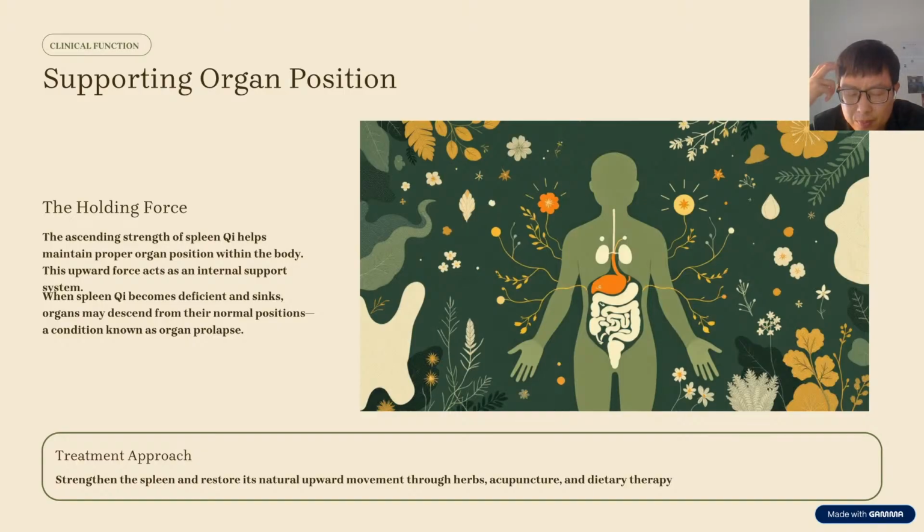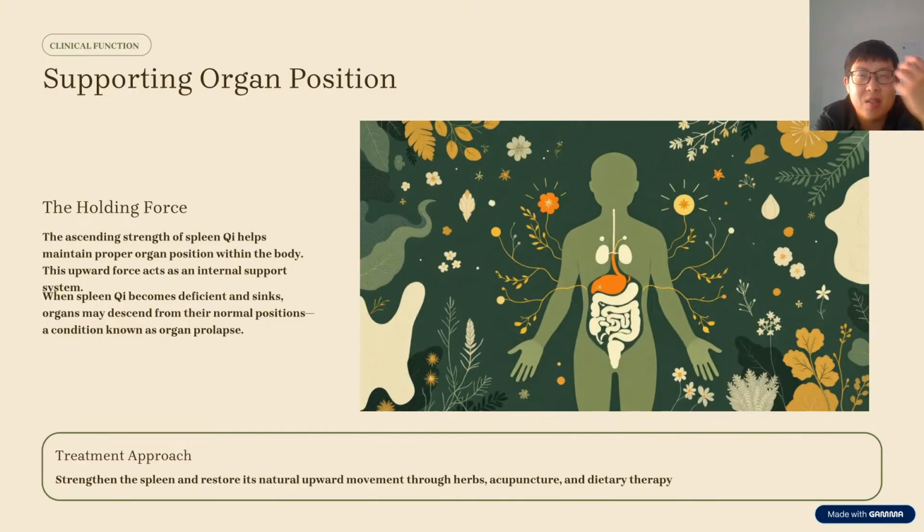In Western medicine, they believe sometimes the prolapse of the organs is because the ligament strength is weak and cannot lift these organs.